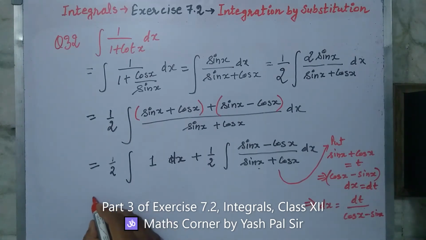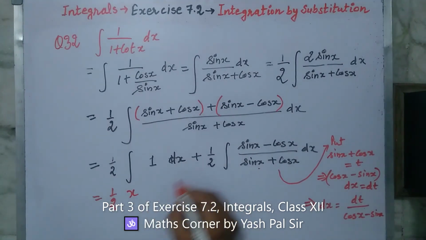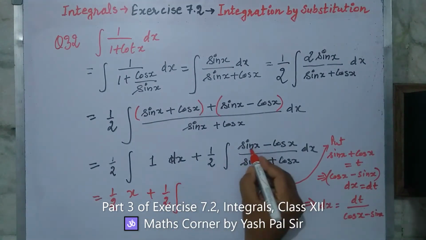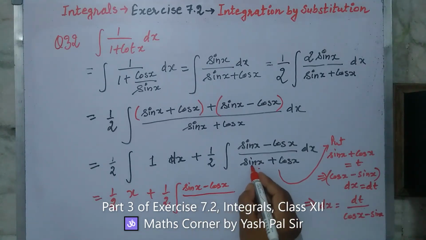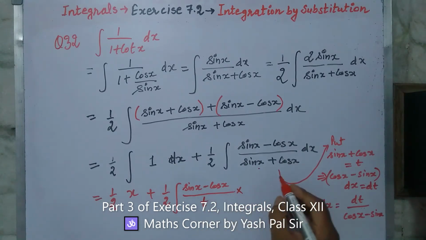Therefore, this is now 1 upon 2, integration of 1 is x, plus 1 upon 2 integral of (sin x minus cos x) divided by (sin x plus cos x, assumed equal to t) into dx, meaning dt upon, taking minus outside, (sin x minus cos x).